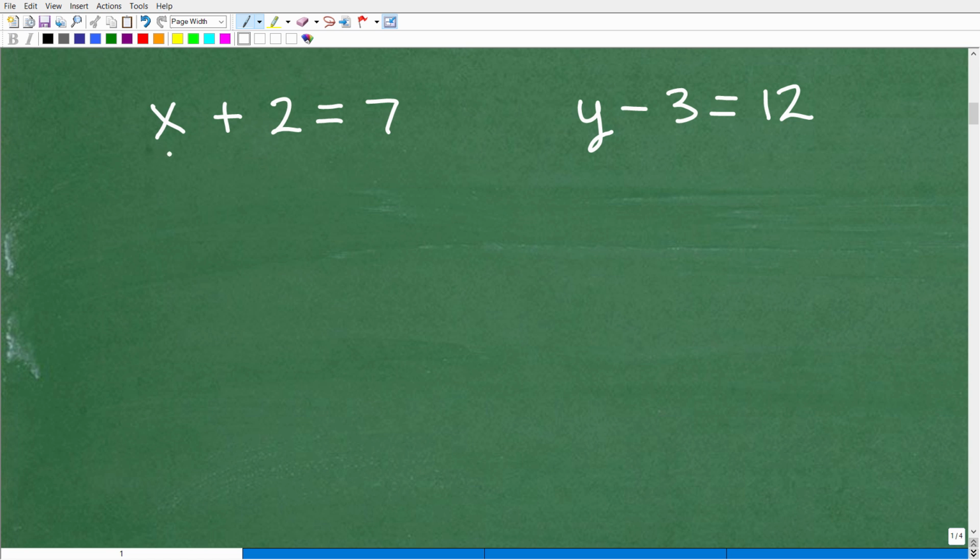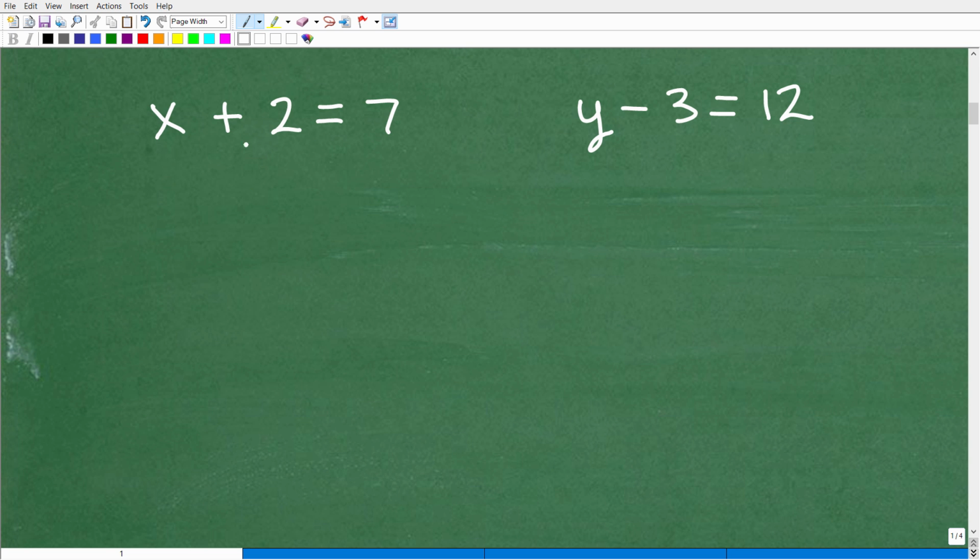All right, so here we have x plus 2 is equal to 7. Again, you can think of this as box plus 2 is equal to 7. So in your mind, you might think, oh, is that 5? 5 plus 2 is equal to 7? Yes, the answer is going to be 5, but we want to use algebra, the correct process here, to solve this.